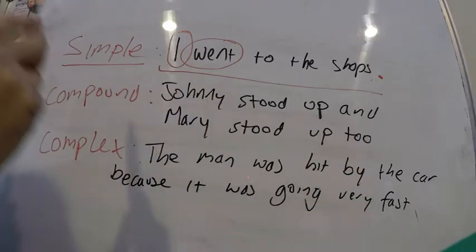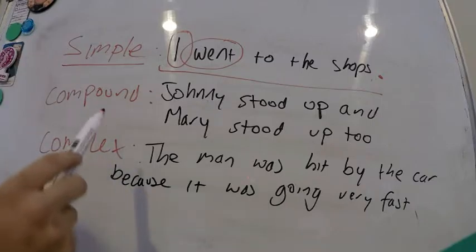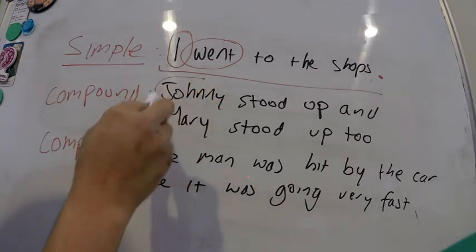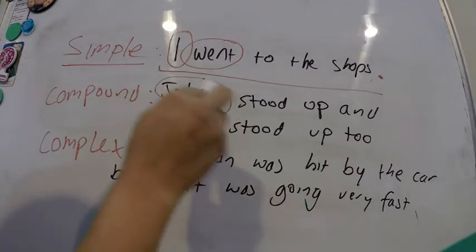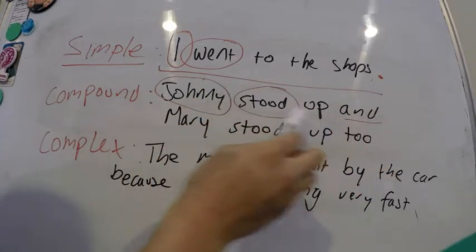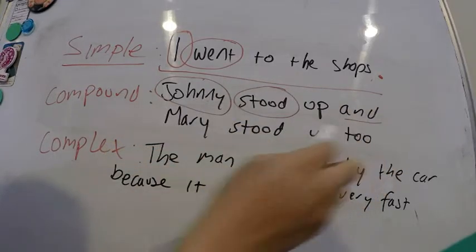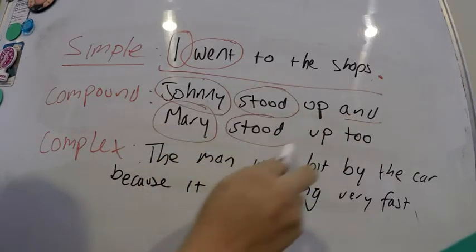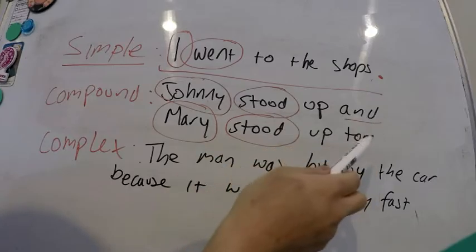Okay, so remember, compound is two independent clauses, and in each independent clause there needs to be a subject and a verb. So what is our subject and our verb? Johnny did what? He stood, so that's your verb, up. And so there's your conjunction to join this independent clause with this independent clause, and Mary, subject, stood up too.